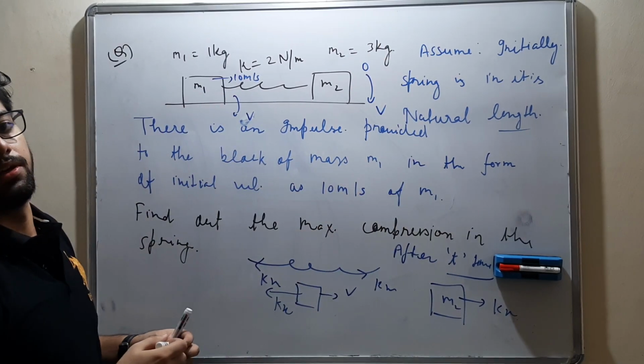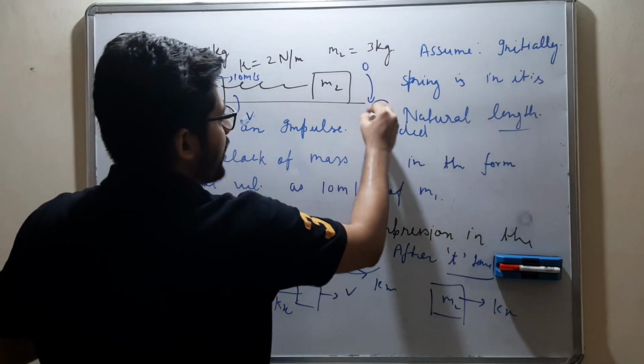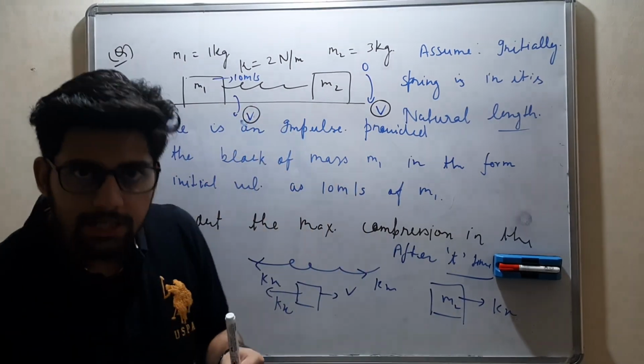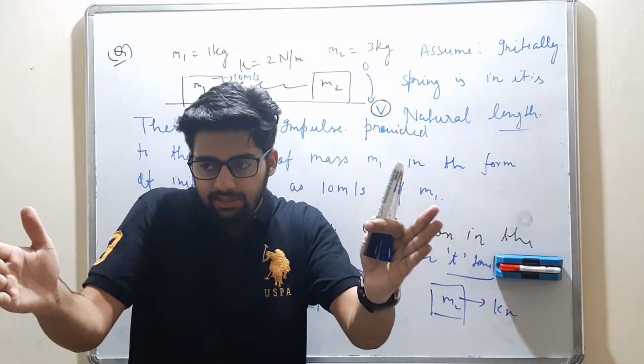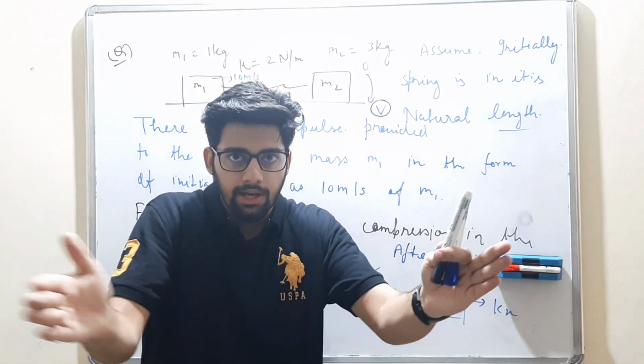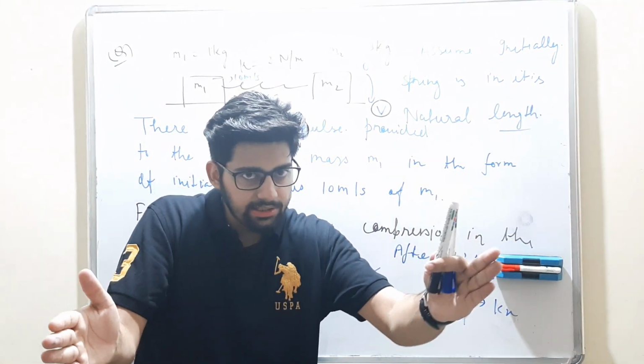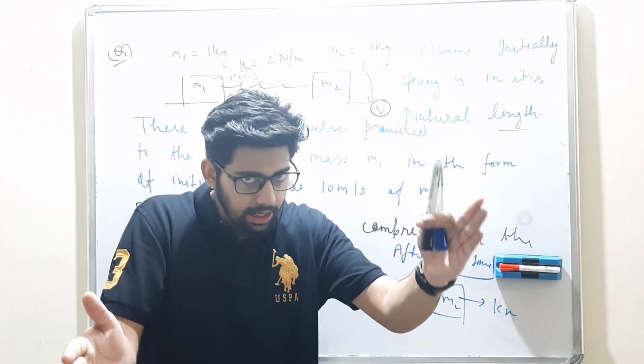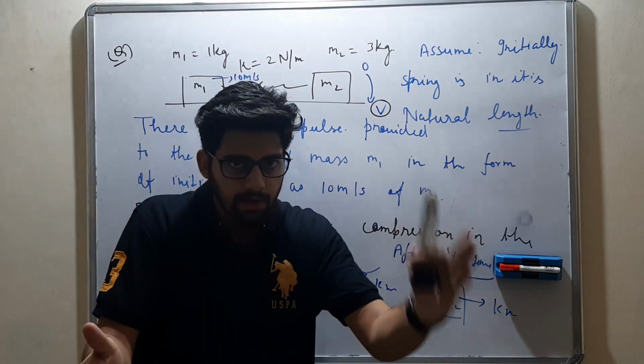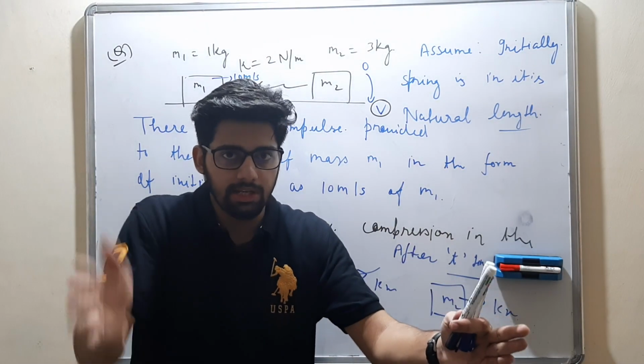One block is moving faster and the other is moving slowly, because at t equal to 0 this one is at rest and this one is moving with 10 meter per second.